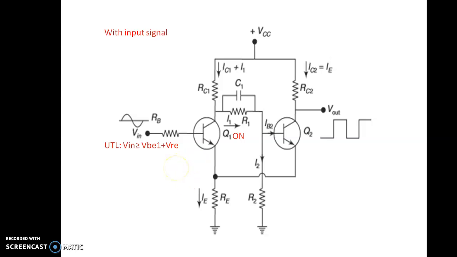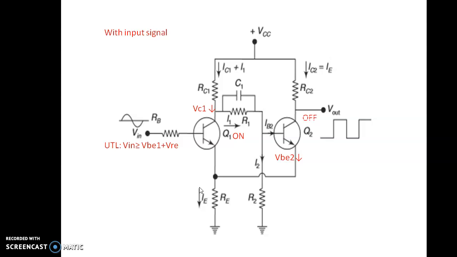As the transistor Q1 is on, the collector voltage VC1 decreases, which in turn decreases the cut-in voltage of the transistor Q2. This reduces the current through the resistance Re and hence VRE gets reduced.